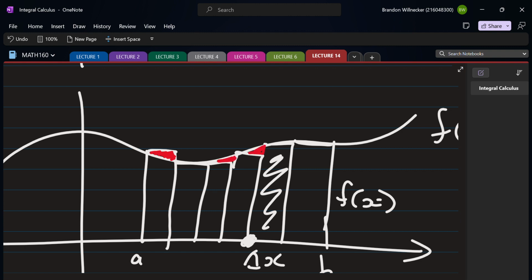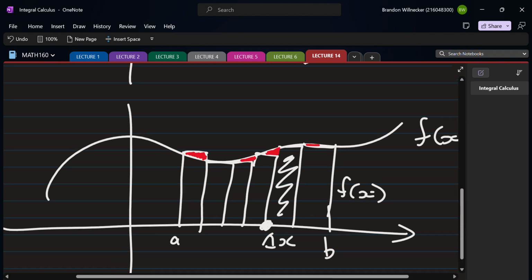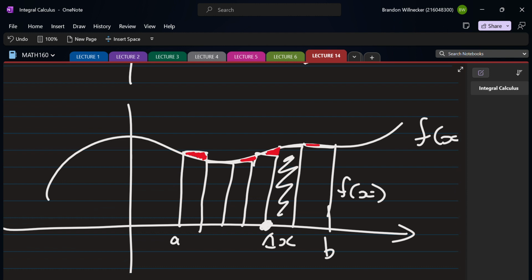And then over here, and here, maybe there's a little bit there. These red regions are the error. So the rectangle is either above the function, and the area is bigger than what we wanted, or sometimes the rectangle is below the function, and then the area is less than what it should be.